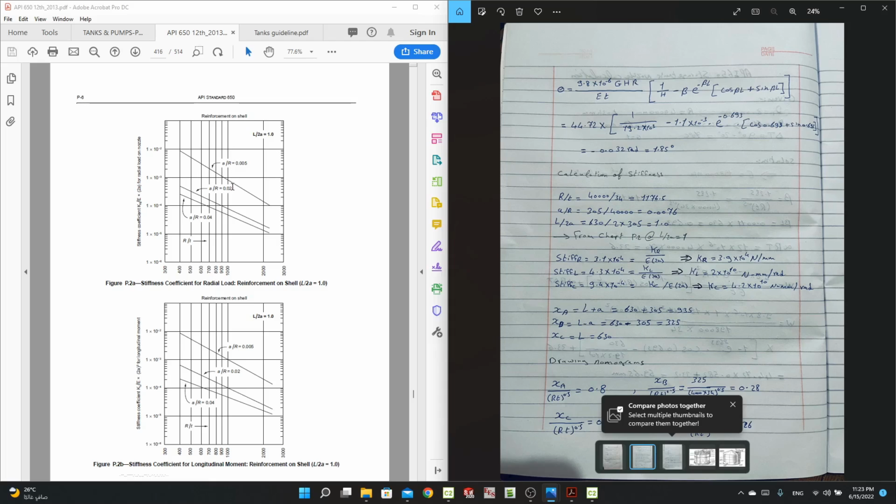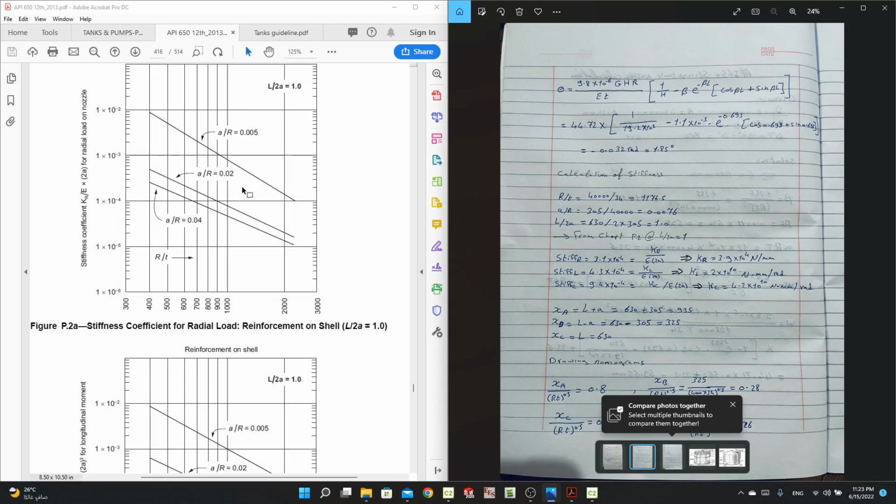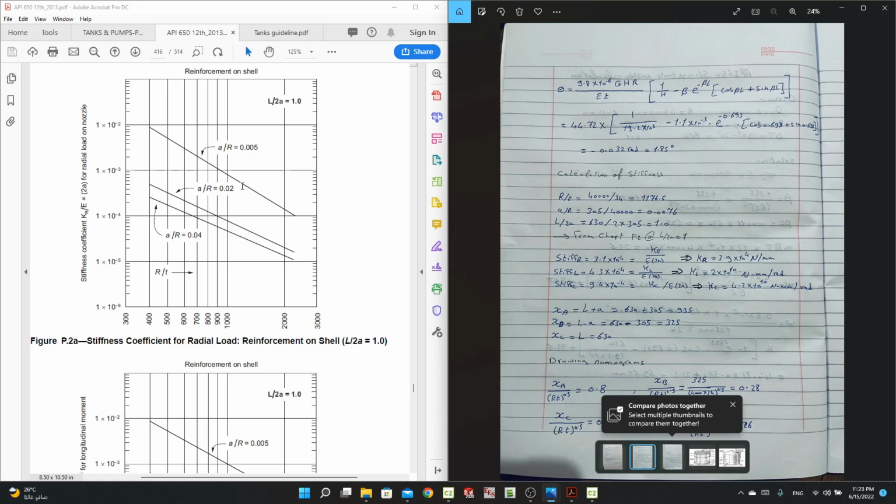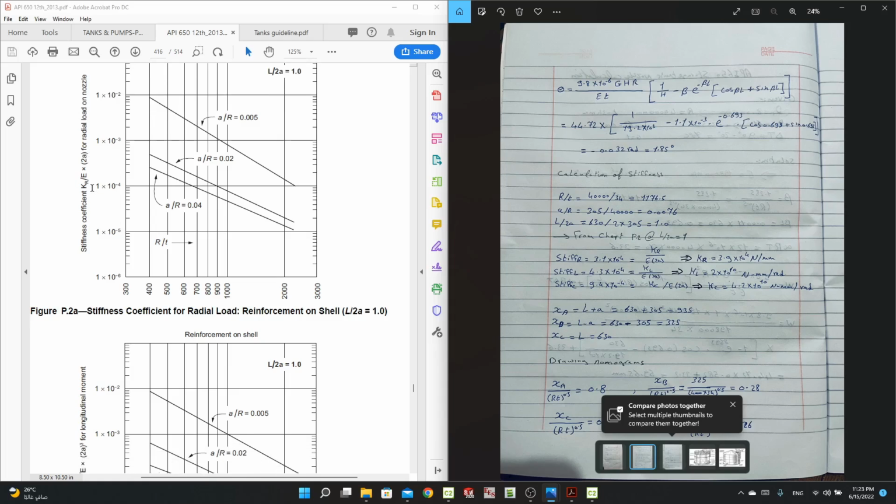In this table number 2a, we get the radial load, which is equal to the K radial stiffness, and the stiffness in the radial, and the elasticity modulus times 2 times the radius of the nozzle.